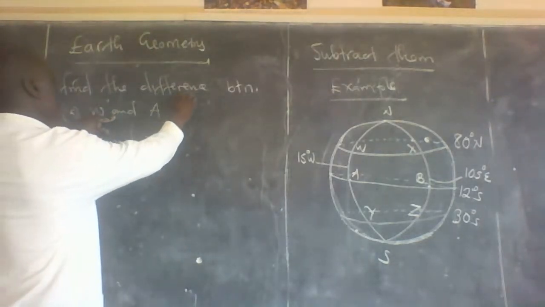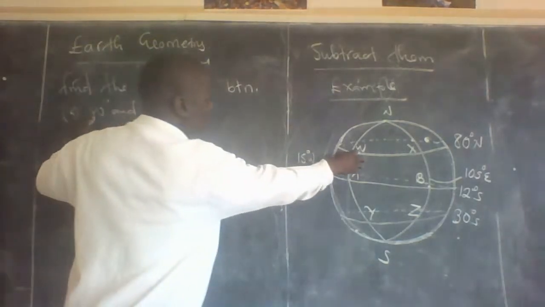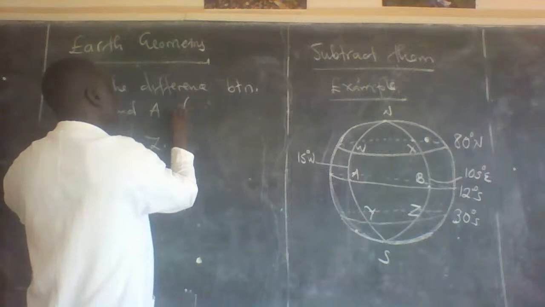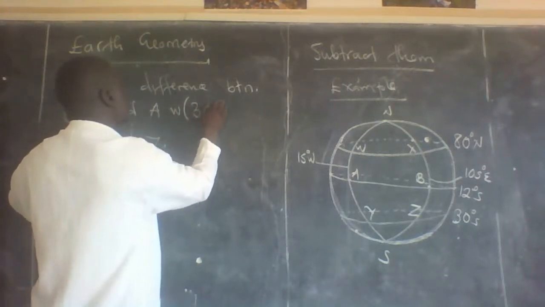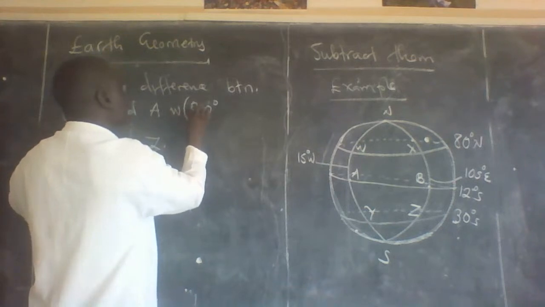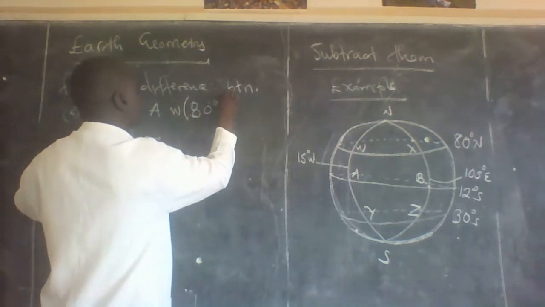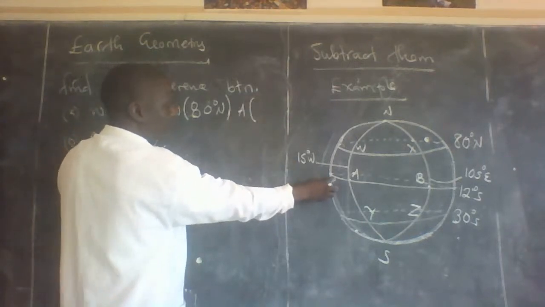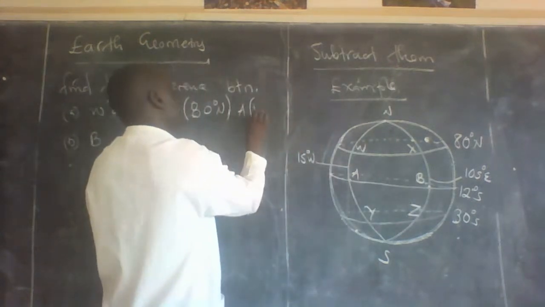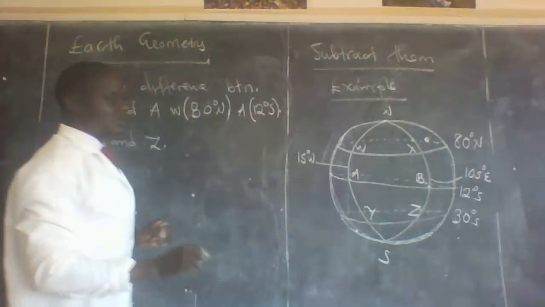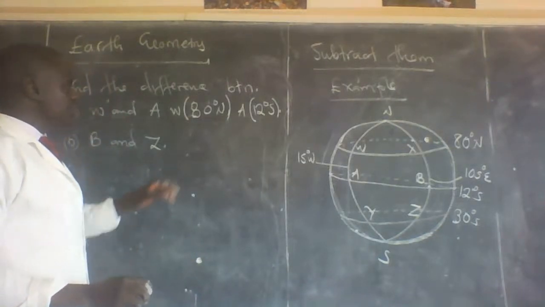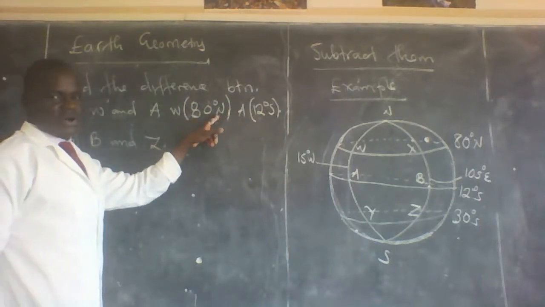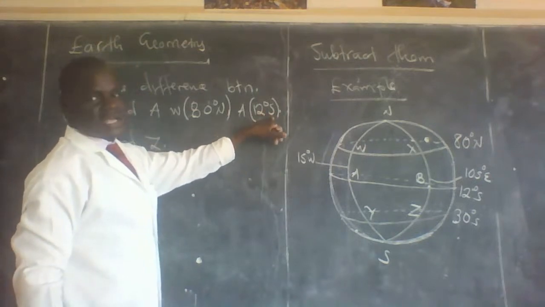So let's consider where W is. W, the latitude, is, sorry, 80 degrees north, and A is 12 degrees south. So what are we going to do to find the difference? These are on different hemispheres: W on the northern hemisphere, then A on the southern hemisphere.